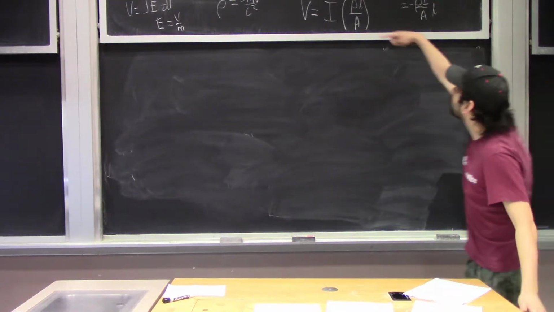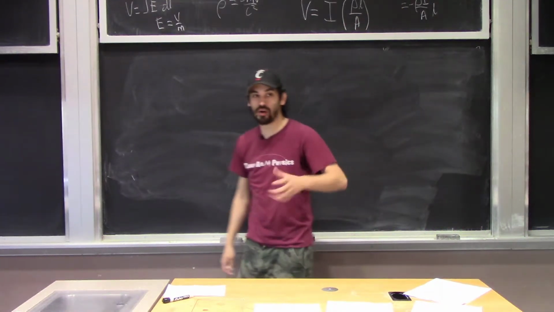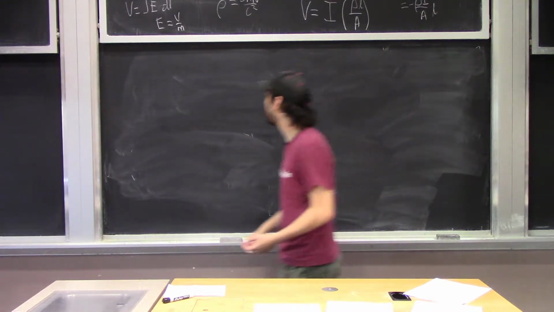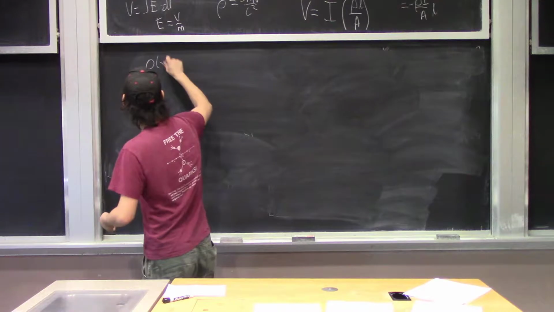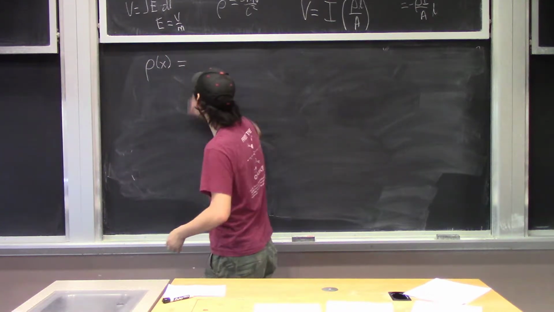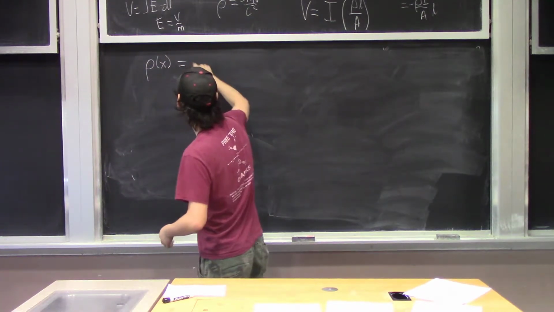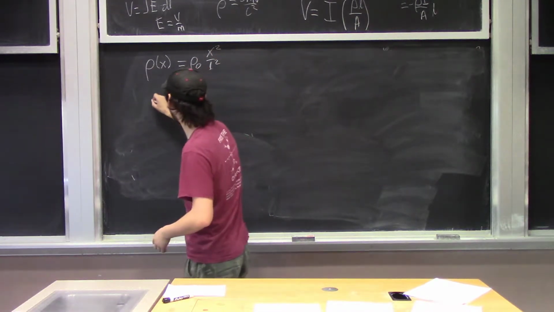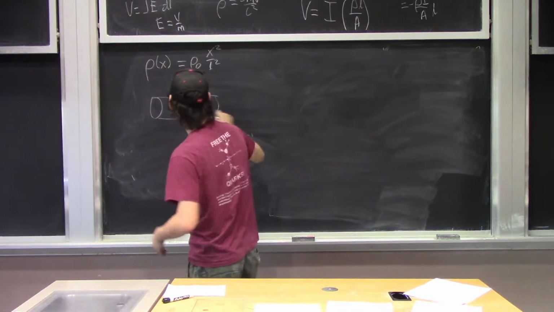But you can apply this same process to talk about how can I calculate the resistance if instead of having some constant resistivity, I have some resistivity that varies as a function of length. So this is to say that rho as a function of x is equal to rho 0 x squared divided by L squared if this is the arrangement that I have.